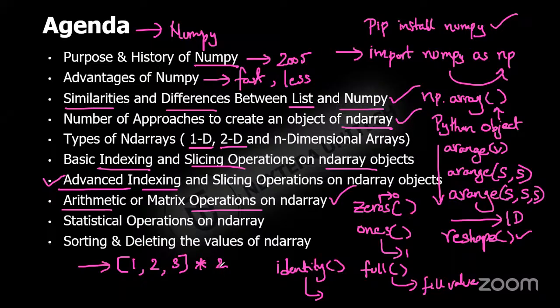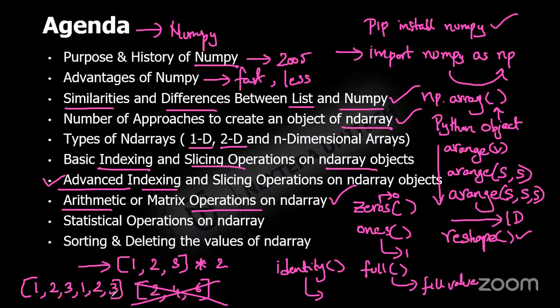That is where the majority of us will fail. It will not return 246. Have you ever tried this line of code? No, this will not be the output. When you multiply an integer with a list object, the values will get repeated, guys. The output will be 123, comma, 123. So the output will be in this fashion.